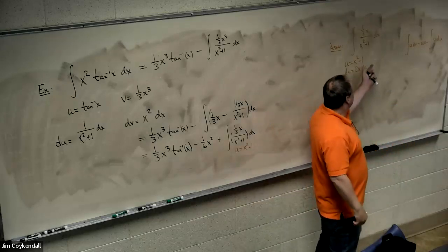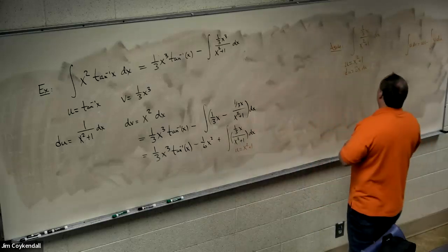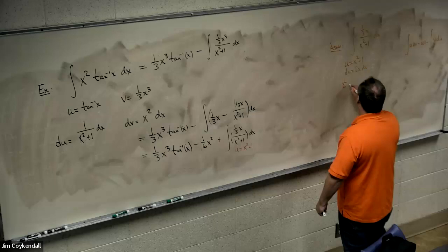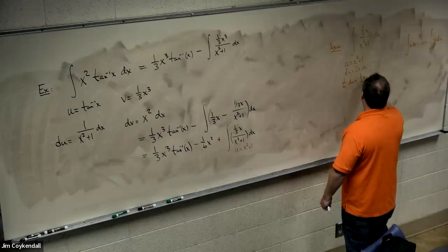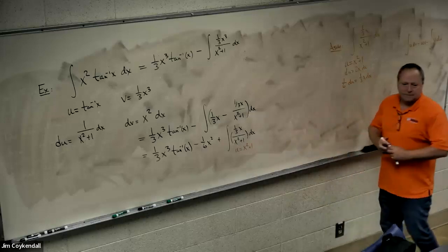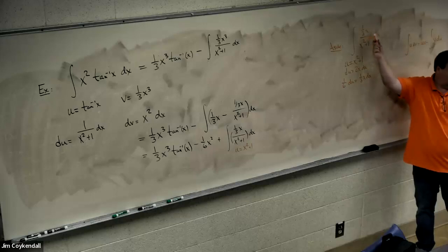I've got a match on the right power on top. I need a 1/3, so let's do this here. 1/6 u' is 1/3 x. All I did is multiply by 1/6 to make this.